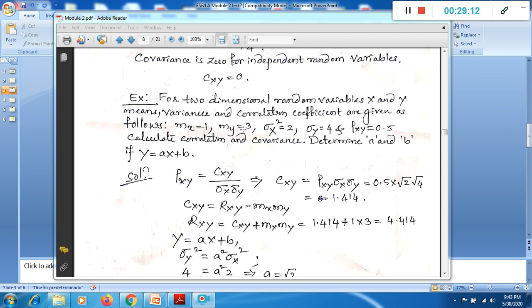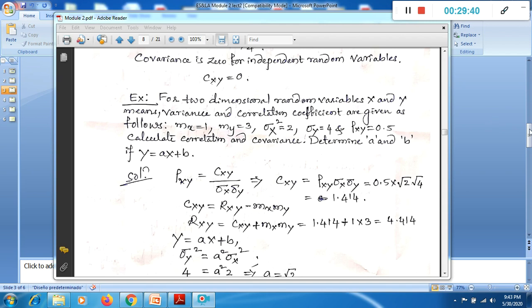Another problem: for two-dimensional random variables x and y, the means, variances and correlation coefficient are given as follows: mx, my, del x square and del y square are given here, and rho of xy is also given. We need to calculate the correlation and covariance. Determine a and b if y is equal to ax plus b. In this problem, rho of xy is given.